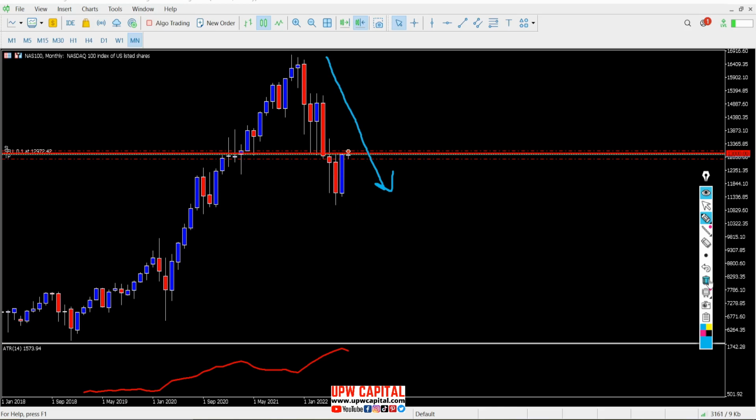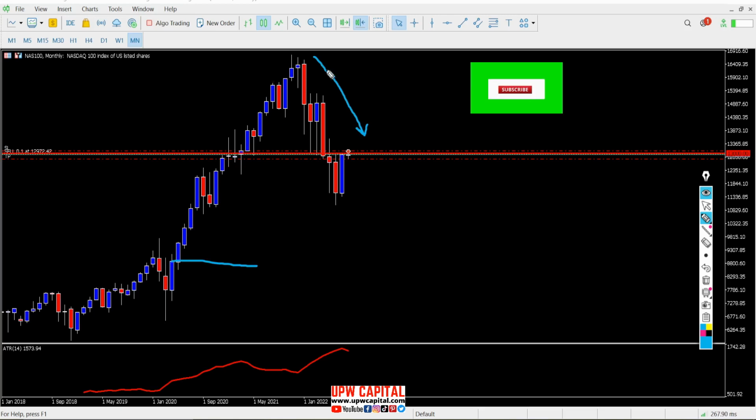So back to the chart. You can see we can make a decision to favor the sell side because we have so many sellers in the market. But you can also have a plan where you're actually buying up the NASDAQ. So maybe someone bought at this point here, and they're holding the trade with an expectation for it to move to around 15,900 or 16,000.